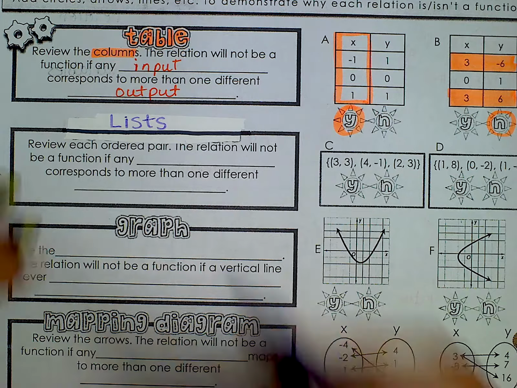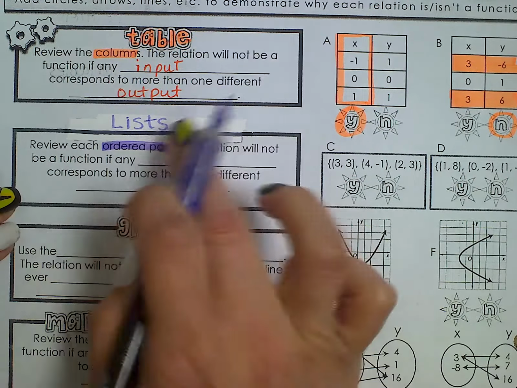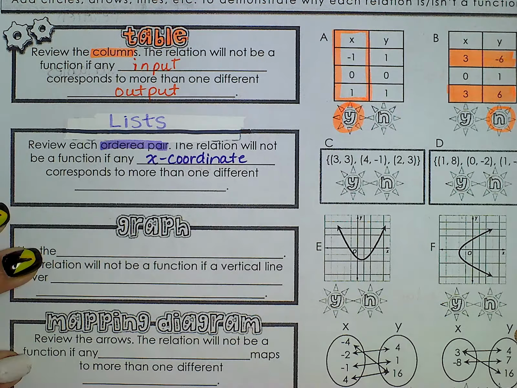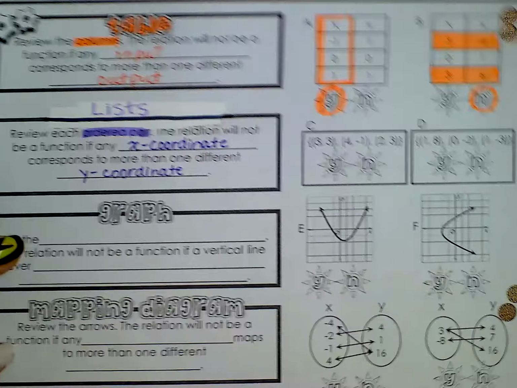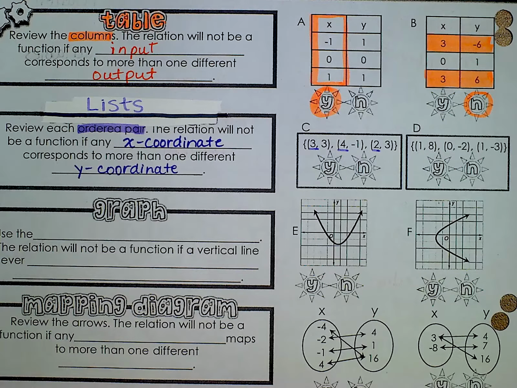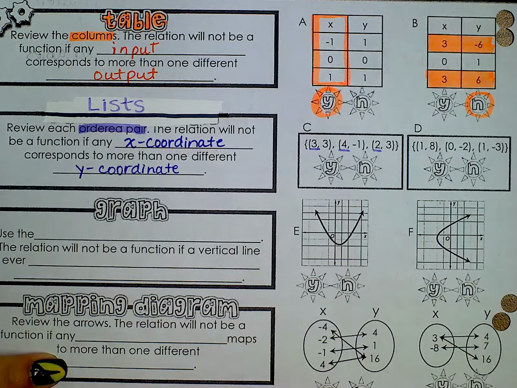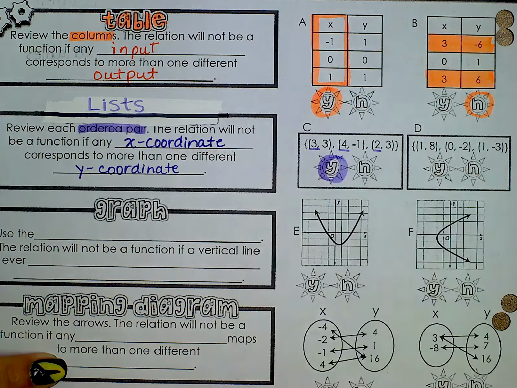With these, you must review each ordered pair this time, rather than each column like before. The relation will not be a function if any x coordinate corresponds to more than one different y coordinate. Let's take a look at example C. Each of these has a different x coordinate with its own special y coordinate, so I would say yes, this is a function.